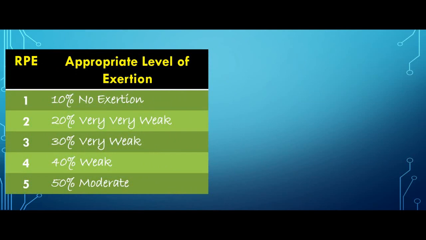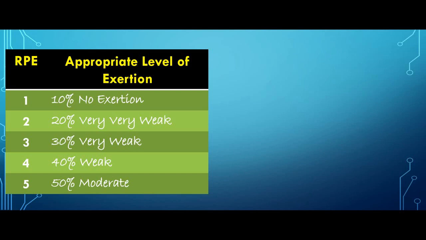So we have here a table of RPE. It is rated from 1 to 10, with the appropriate level of exertion. Number 1 is 10%, which is no exertion. Number 2 is 20%, very weak. Number 3, 30%, very weak. Number 4, 40%, it is weak.